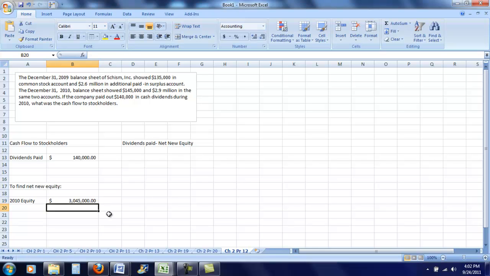Our 2009 equity was our 2.6 million in additional paid-in capital plus 135,000. So my change in equity is $310,000.